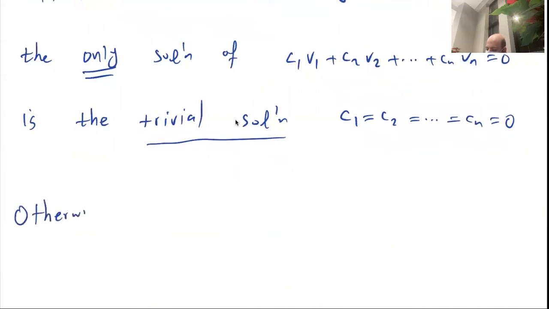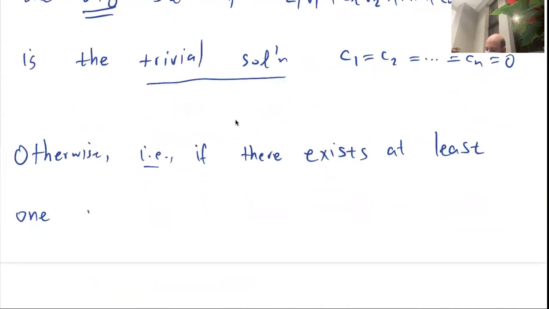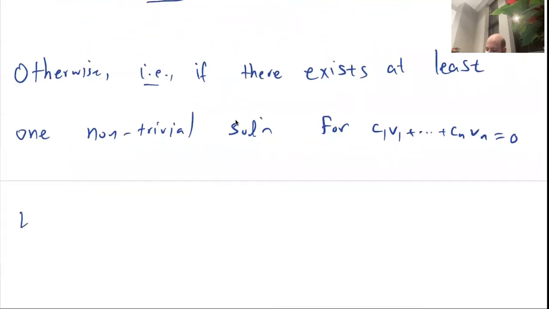Otherwise, i.e., if there exists at least one non-trivial solution for C1 V1 plus ... plus Cn Vn equals 0, then V1 to Vn are called linearly dependent.